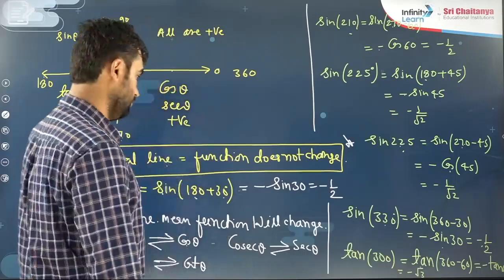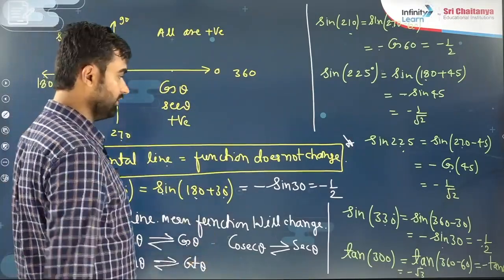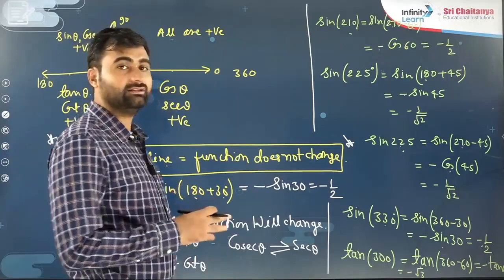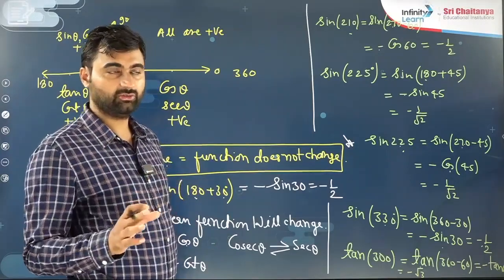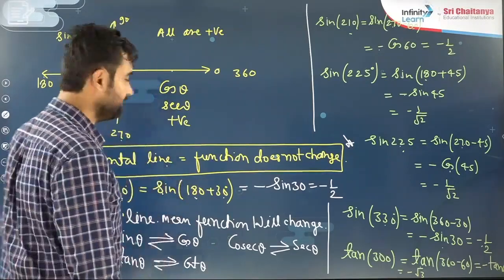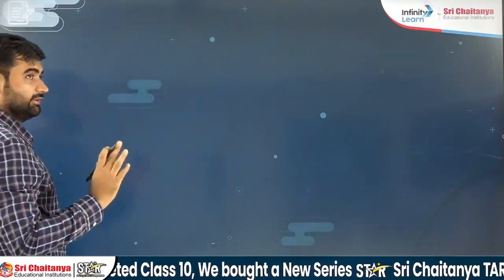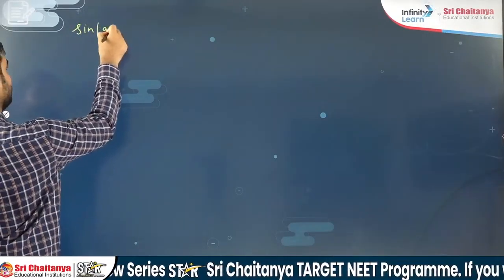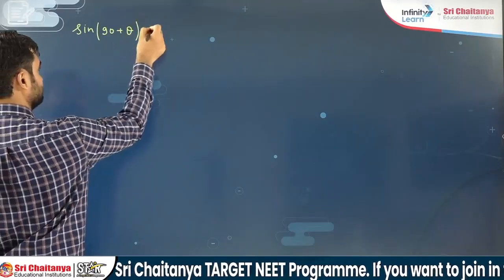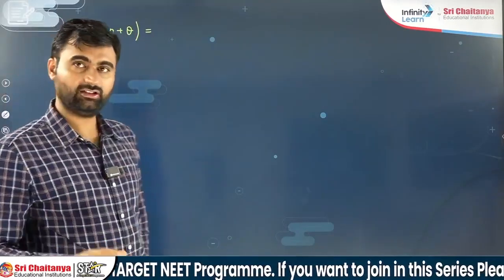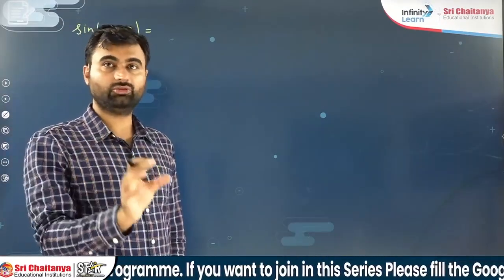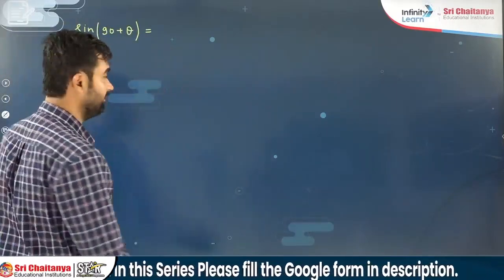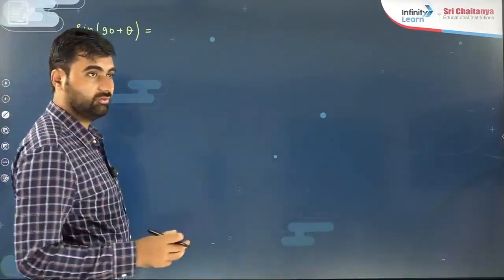Okay friends. So we understood these angles. Now I will ask some questions. You should give the answers to these questions. Now tell me these values. Sin 90 plus theta is how much? Theta is an angle between 0 and 90. So you have to write these values. Send the answers number-wise.